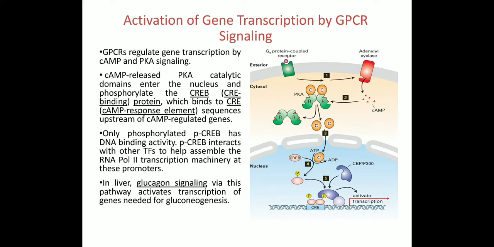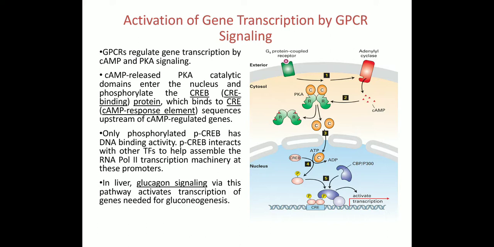Then activation of gene transcription by GPCR signaling. GPCR regulates gene transcription through cyclic AMP production and the protein kinase A signaling pathway.